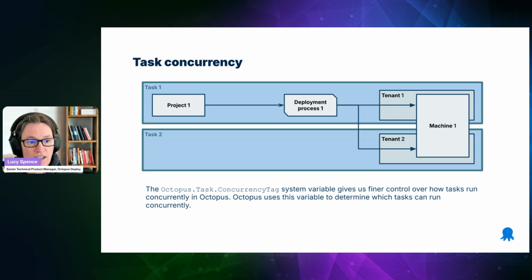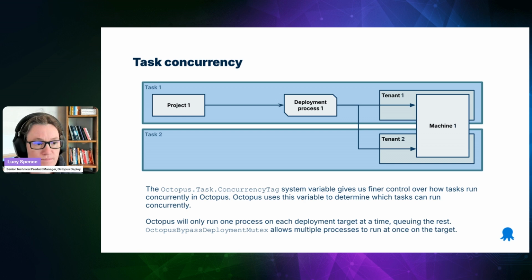There are reasons why you may want to increase or decrease that. As a default, we will execute 1 task at a time per tenant on that machine, and then the other tenant will wait, I think, for that to be done. But there are times when you might want them to work in parallel. I'm not going to go into huge levels of detail on that. We have some good documentation around it, but just know that there is a tag there that can help you control what is actually happening on that machine between tenants.